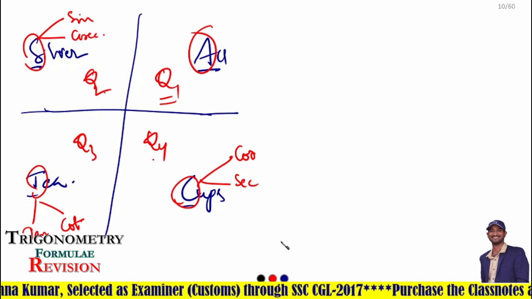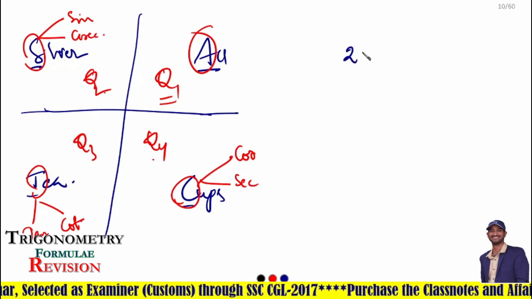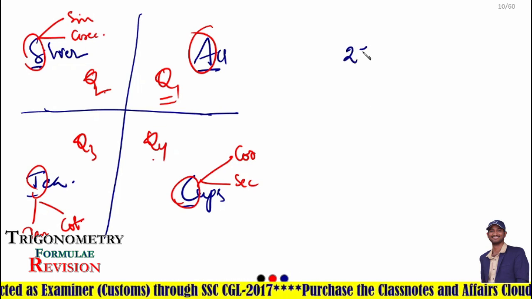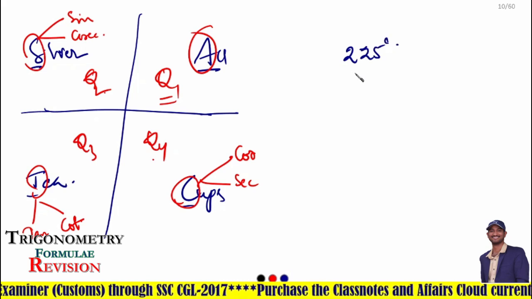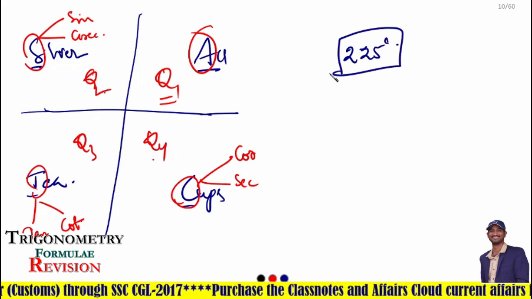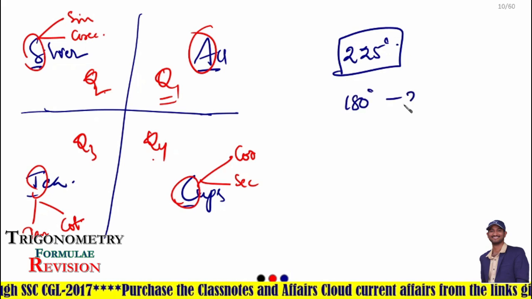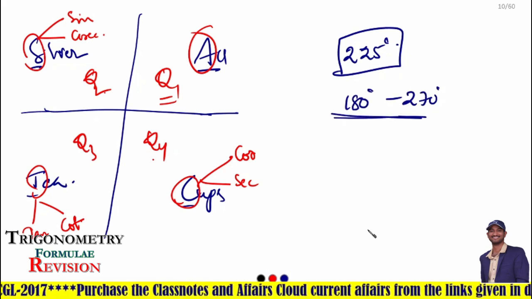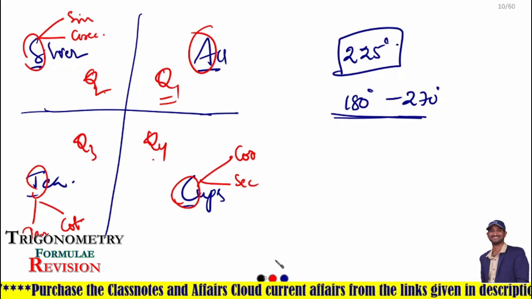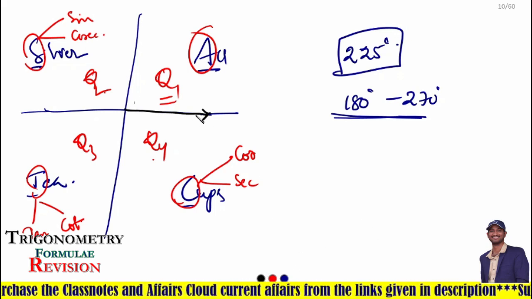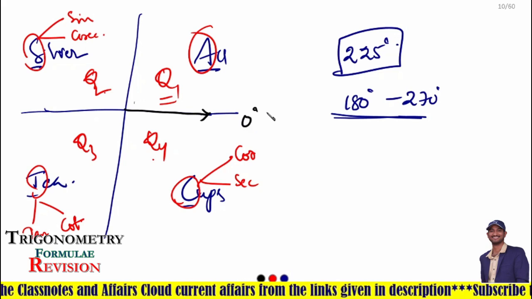Suppose there is an angle 225 degrees. 225 degrees lies between 180 degrees and 270 degrees. So where is 180 degrees? Suppose there is a ray which starts from the x-axis, that is 0 degrees.